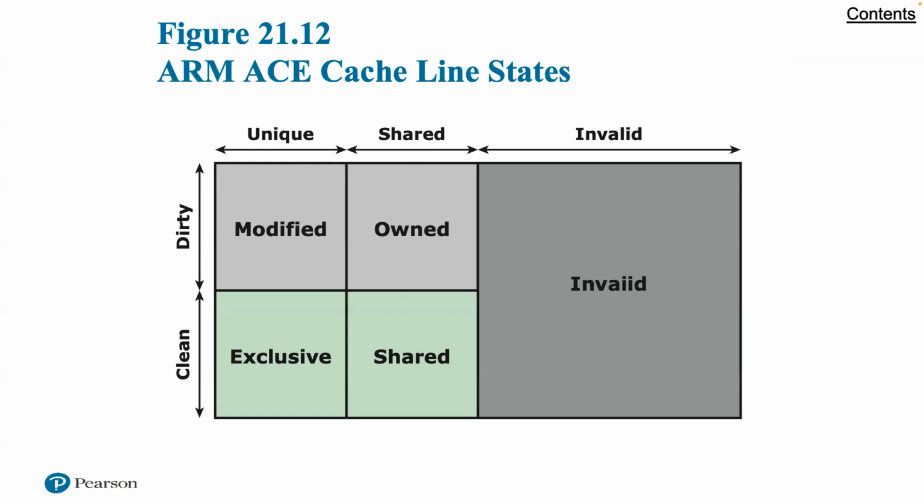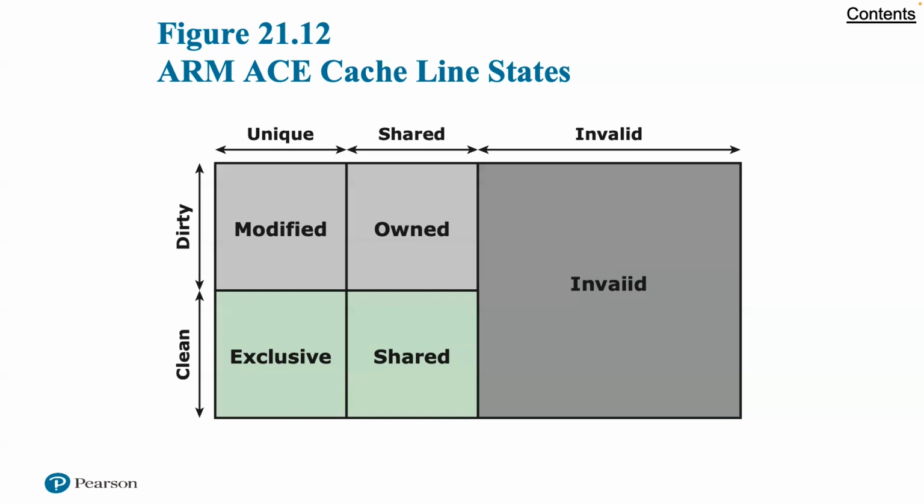The one exception to the above description is when multiple caches share a line and it's dirty. In this case, all caches must contain the latest data value at all times, but only one may be in the shared/dirty state, the others being held in the shared/clean state.